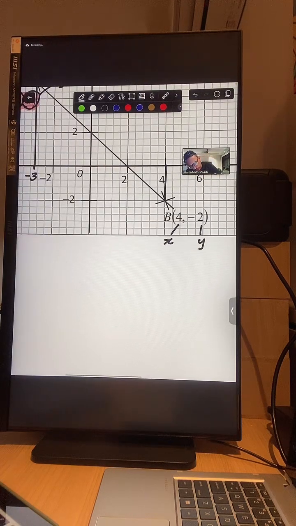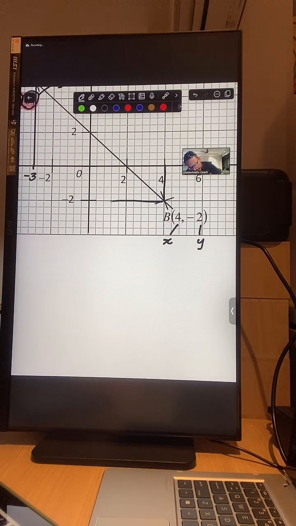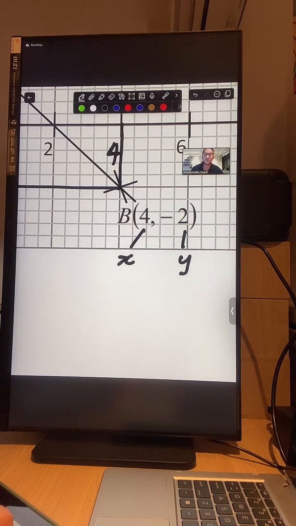And then if you draw your line towards your left, towards the y-axis, this is -2. So you have 4 over here, you have -2 over there on the y-axis. That's why your coordinates will be 4 and -2.